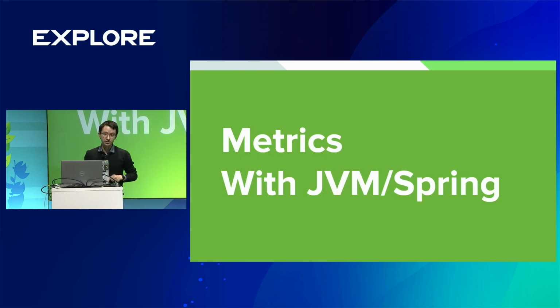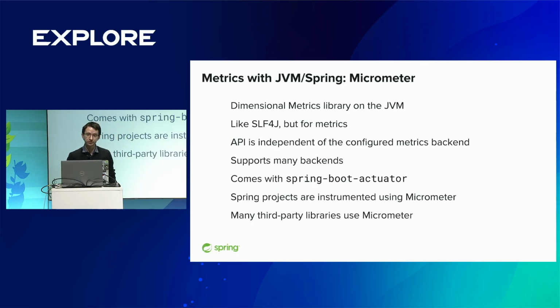If you want metrics, what we usually recommend is Micrometer. Micrometer is a dimensional metrics library on the JVM. We like to say that it's like SLF4J, but for metrics, which means Micrometer has a nice API which is independent of the configured metrics backend or backends that you are using, because you can use multiple backends with Micrometer if you want to.